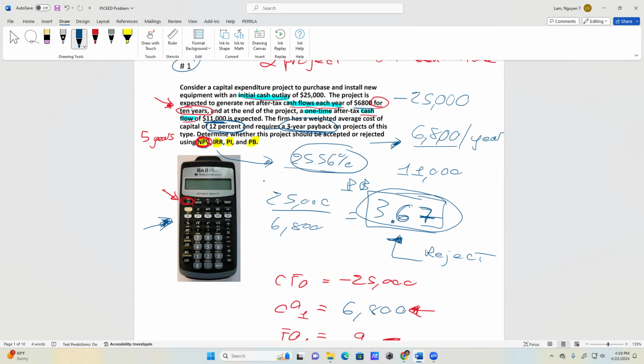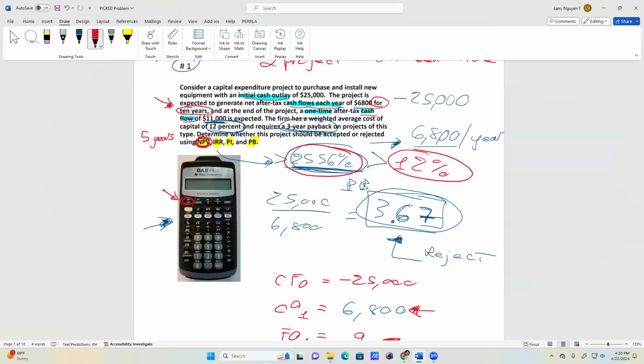So whenever the IRR is bigger than the expected return, in this case the expected return given is 12%, right? Whenever the IRR is greater than the expected return, you accept.